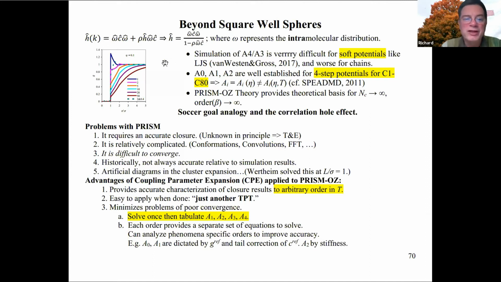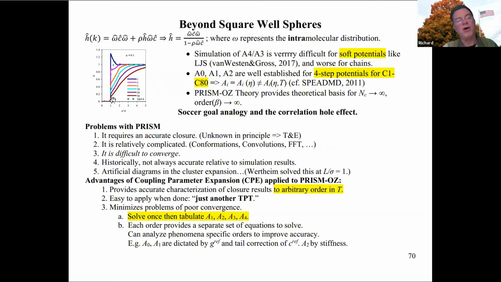So let's take a look then at what happens. And so this is a very tiny graph here that hopefully will get across the idea. And what I want to talk to you about is this soccer goal analogy. So a soccer goal is 3 meters wide. And so if we were to post the goalie 3 meters away from the goal, there would be a lot of goals scored, right?